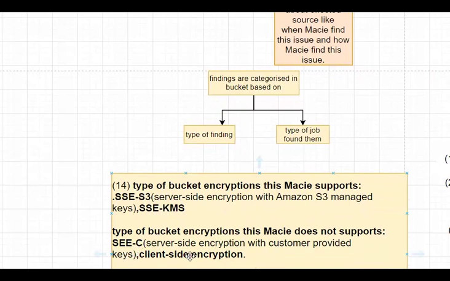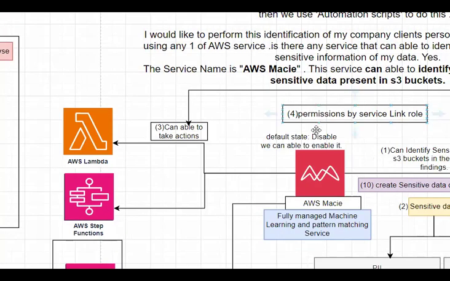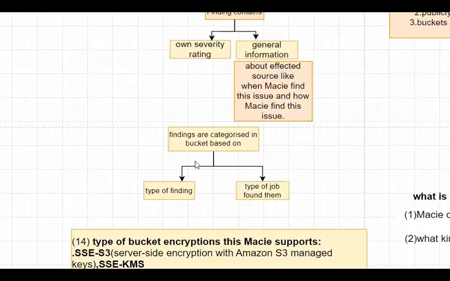So these two types it would not support. The reason we need to know why, right? In order to decrypt, Macie requires permissions. So who provides these permissions? The service-linked role.